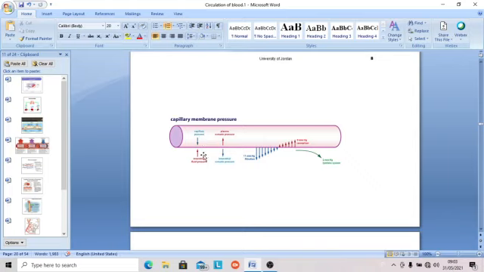There are two forces which will oppose each other, and another, the osmotic pressure of the plasma proteins and the osmotic pressure of the interstitial fluid. It is much more here, much less here. In the same way, blood pressure here is more, interstitial pressure here is less. So they will oppose each other, and they will try to retain fluid internally.